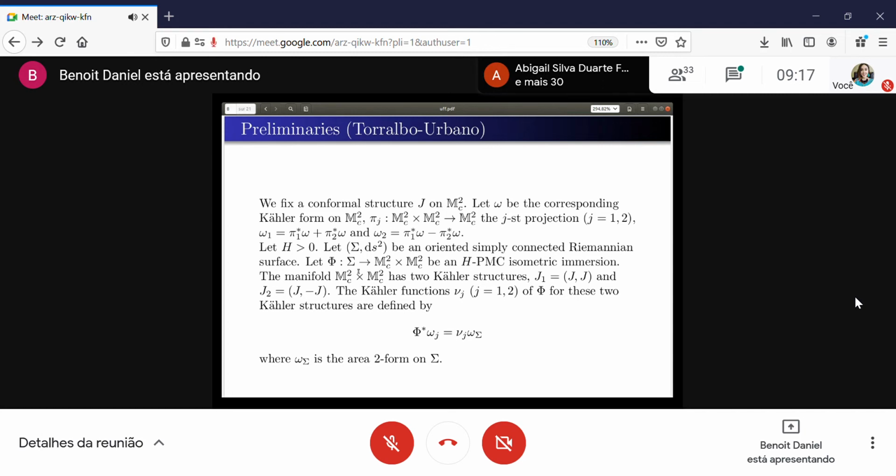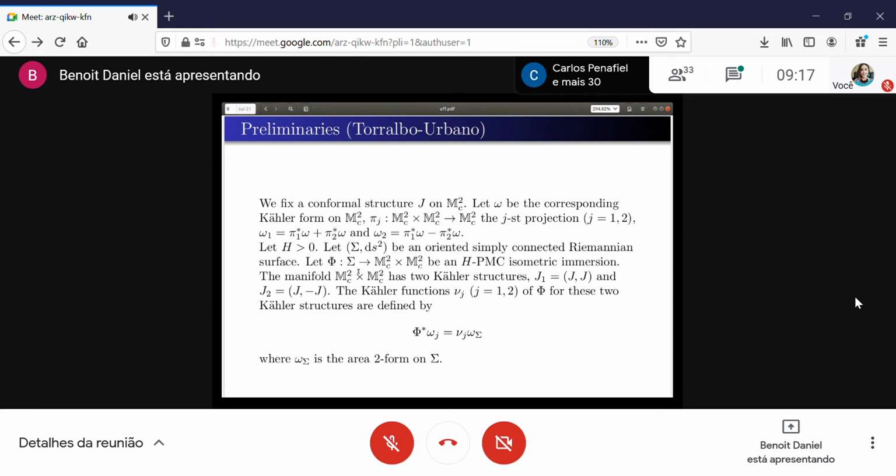I'm not going to enter into more details because it's not really necessary for what I'm going to explain next. But we have to remember that when I have a PMC isometric immersion, I have these two Kähler functions ν₁ and ν₂, associated to the two Kähler structures of M²(c) × M²(c).